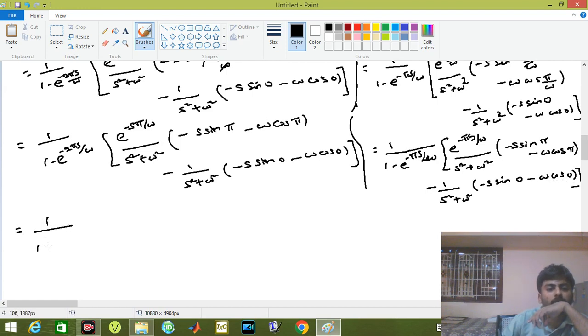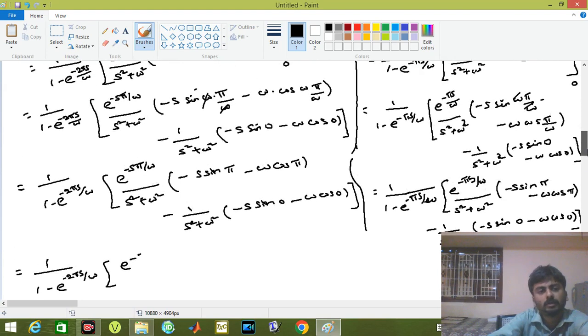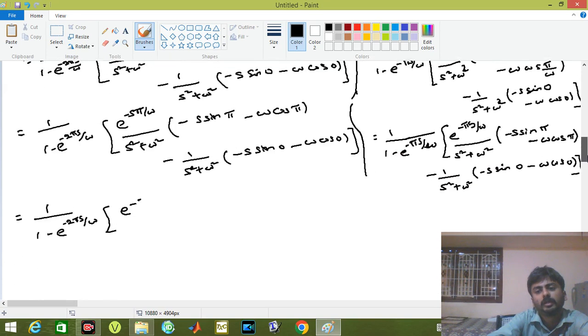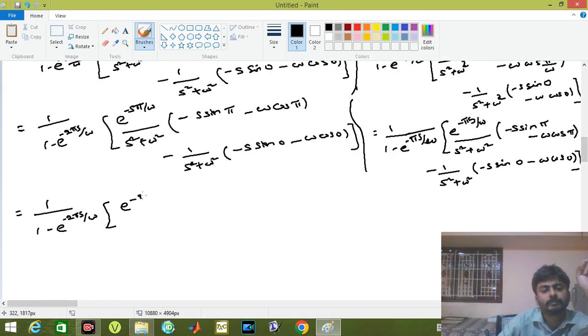That is equal to 1 by 1 minus e power of minus 2 pi s by omega into e power of minus pi s by omega by s square plus omega square into sin pi is 0, cos pi is minus 1, sin 0 is 0, cos 0 is plus 1.